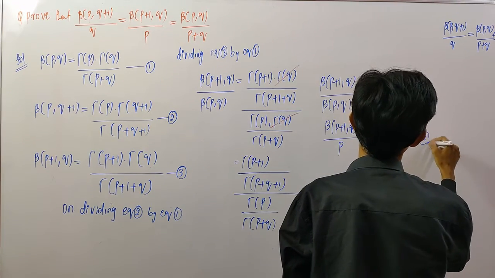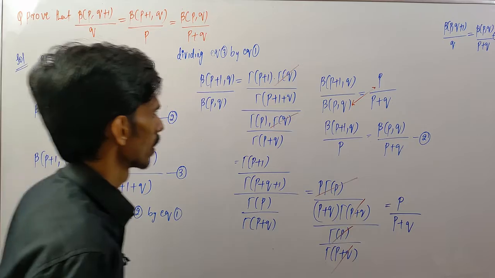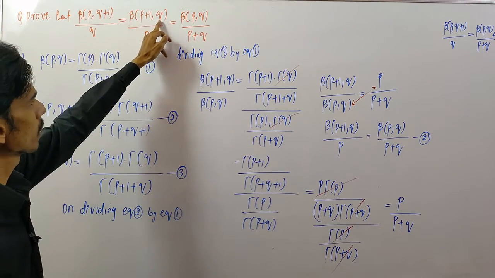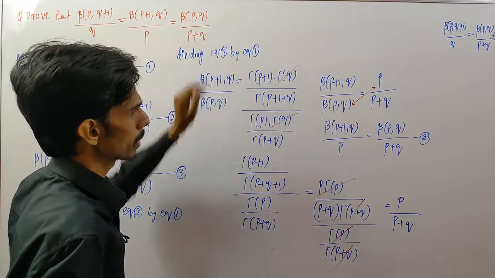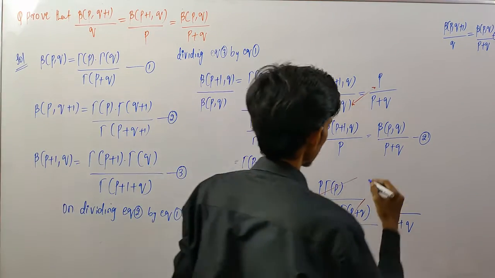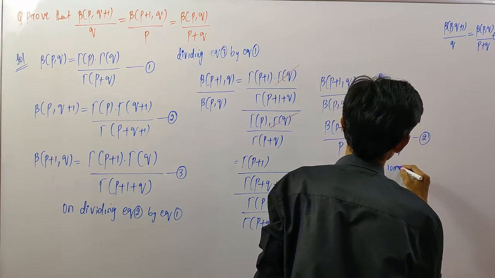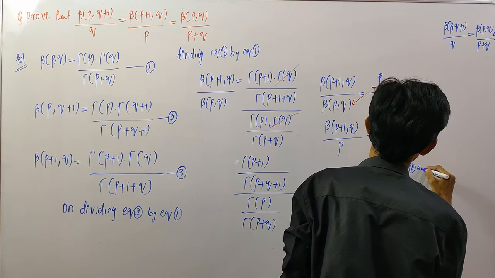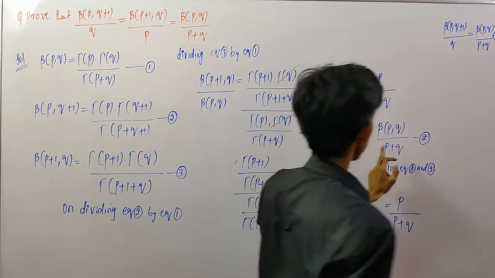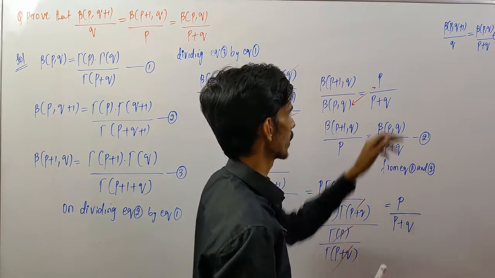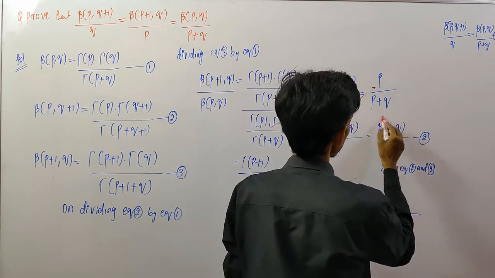Let us take this as equation 2. We got beta of p plus 1 comma q divided by p value as beta of p q divided by p plus q. From equation 1 and 2, here we have equation 1, here we have equation 2. Now equate these two, since these two values are same.